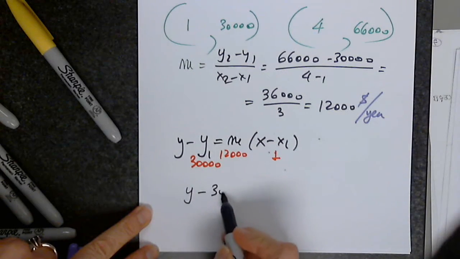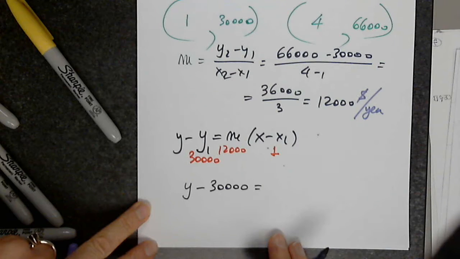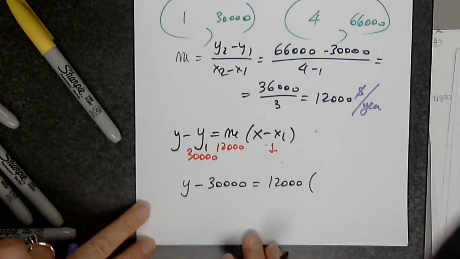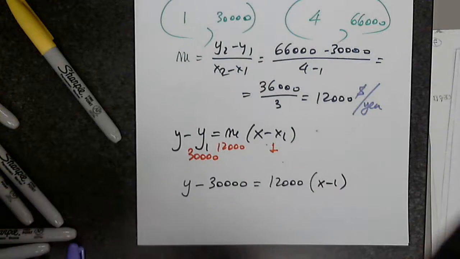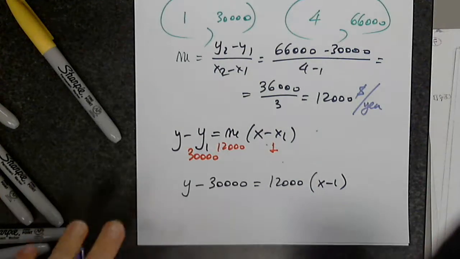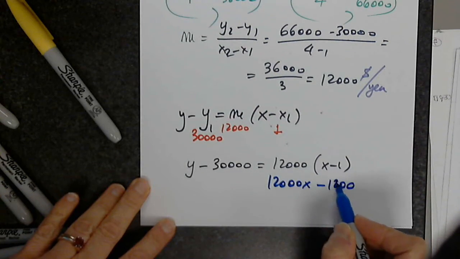Y minus 30,000 equals, yes, 12,000, and in parentheses. Very good. Remember, I have to solve for y. What will you do first? Yes, I am distributing 12,000 to x and 12,000 to negative 1.